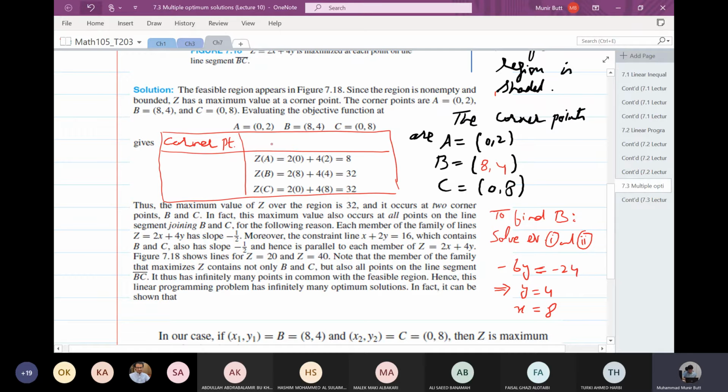Here we have z equal to 2x plus 4y. What was the A point? 0 and 2. What was the B point? 8 and 4. What was the C point? 0 and 8. Now you put this x and y and you will get 8, 32 and 32. Is it clear?